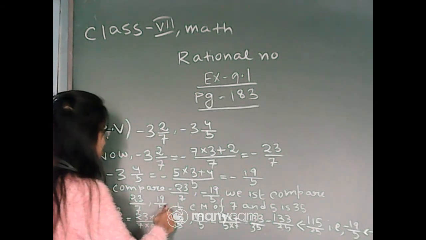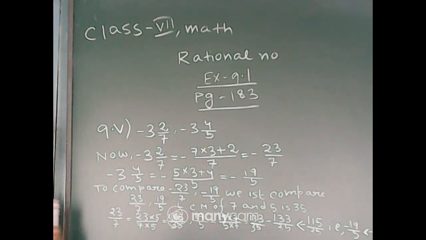So, for this we first find their equivalent fractions which have the same denominator, and the same denominator is given by the LCM of 7 and 5. Now, LCM of 7 and 5 is 35.